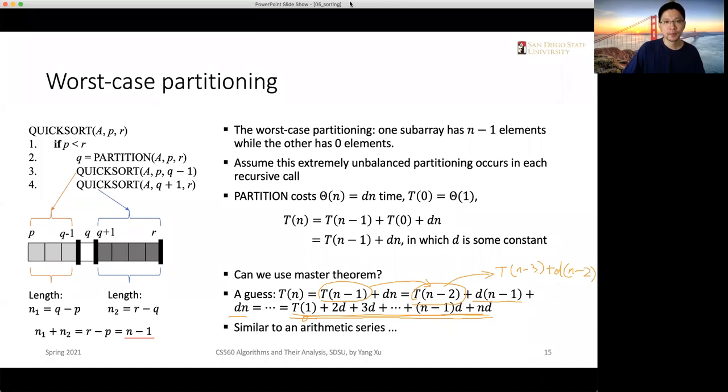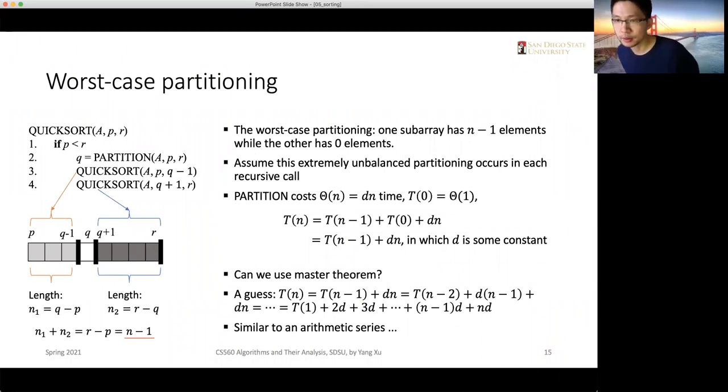Okay, so having this guess, right? This is just a guess we can obtain, and of course we can also draw the recursion trees, right? When we don't have clues, we can work on the paper to split the root node into several branches.